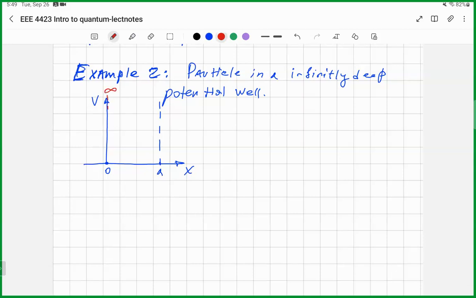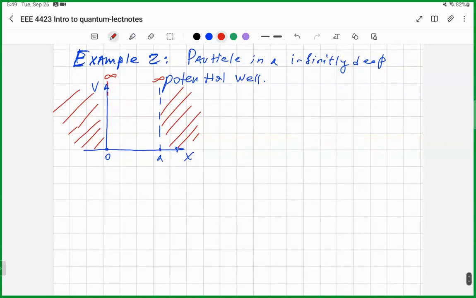So this well is infinitely deep: infinity here, infinity here. In these areas, the particle is not allowed to go there because the potential is infinitely deep. At the same time, the potential is 0 inside of this well.